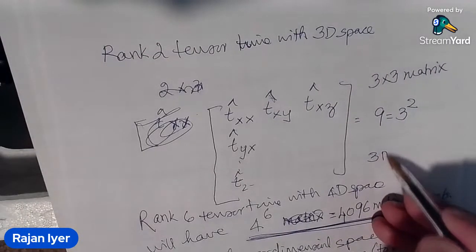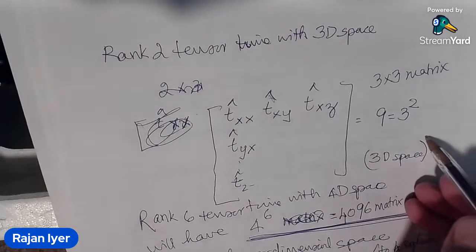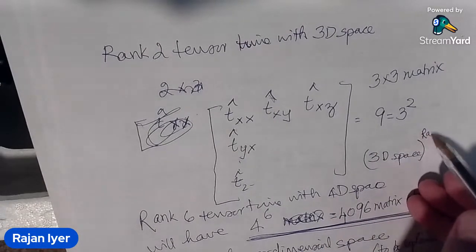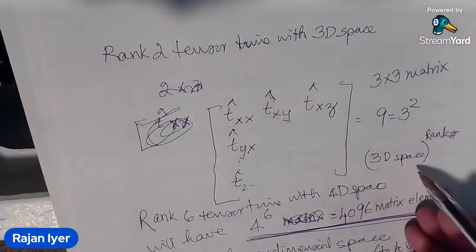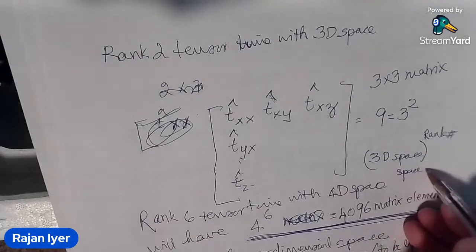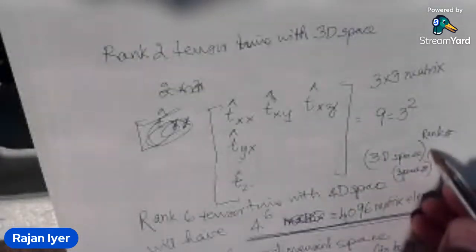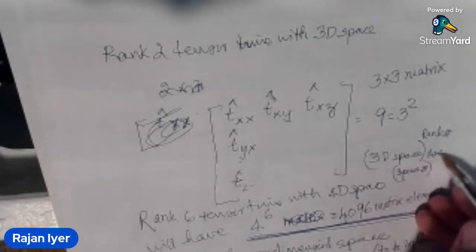you take the spatial dimension, then we raise it to the rank number, which is 2 here. So the space number raised to the rank number will give us the total number of elements.